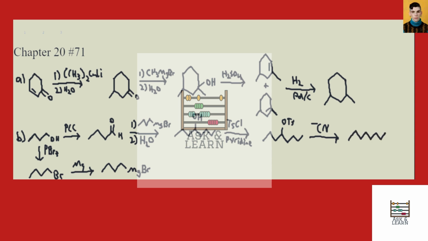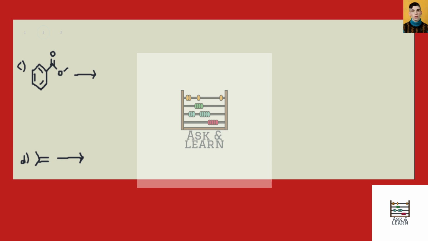Okay, so moving on to C. So in C, we're starting from this methyl ester, and we are using this methyl ester and organic halides, and we want to get to a product that is an ether and a brominated aromatic ring.